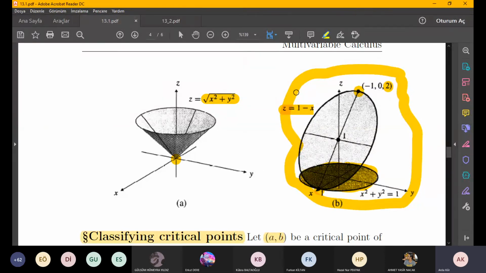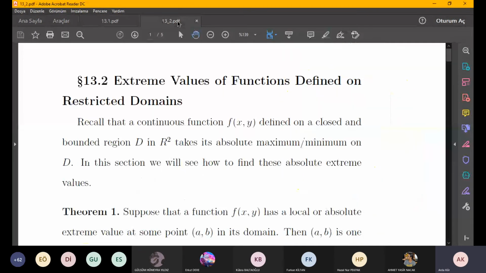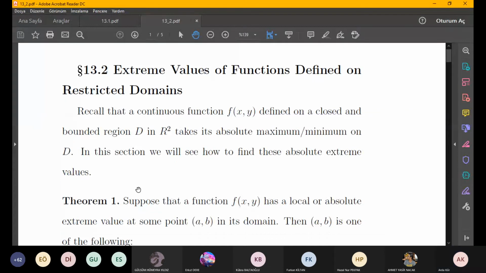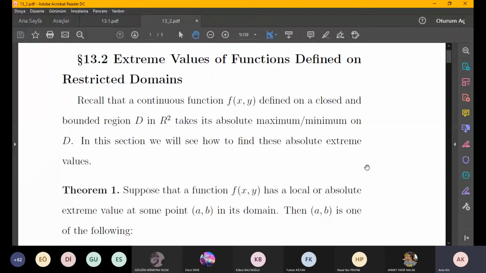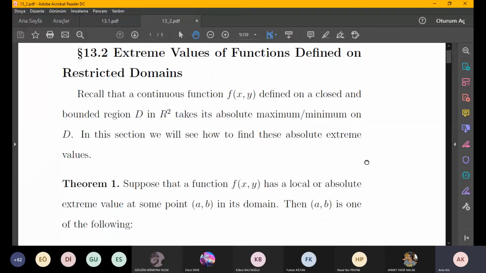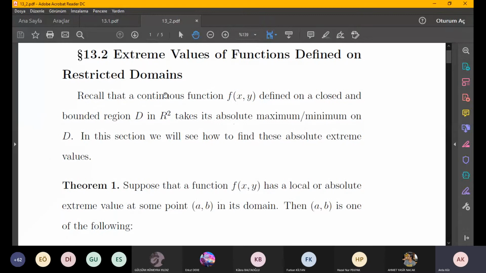Okay, so this can be an example for this. And let's see the hypothesis here also for extreme values.